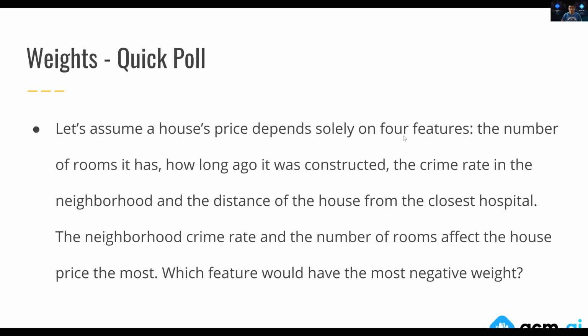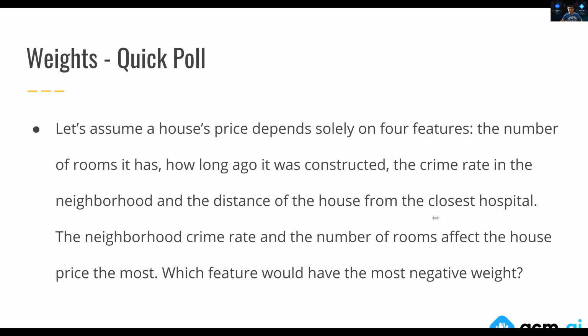But we're also seeing some people choose the age, how long ago since construction, number of rooms, and distance to closest hospital. So it's important to look at the wording of the question. The house's price depends on 4 of its features. 2 of these features influence the price of the house the most. And then which feature has the most negative weight.